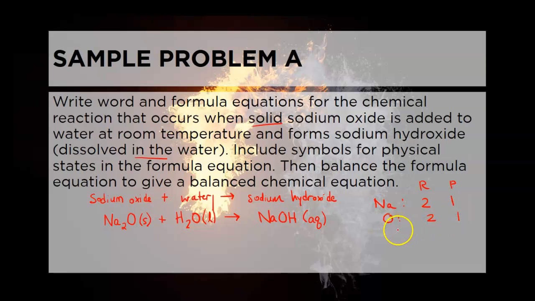And then hydrogen, I see 2 on the left and 1 on the right. So it seems like it's going to be a really simple fix here. If I just stick a 2 in front of that, now I've got 2 sodiums, 2 oxygens, 2 hydrogens. I wish they were all that easy, but they get a little tougher than that one.